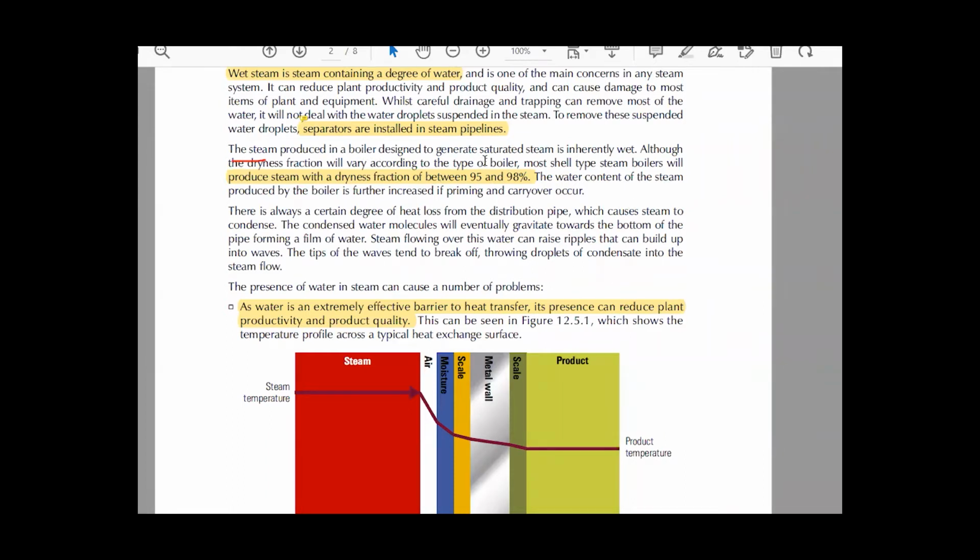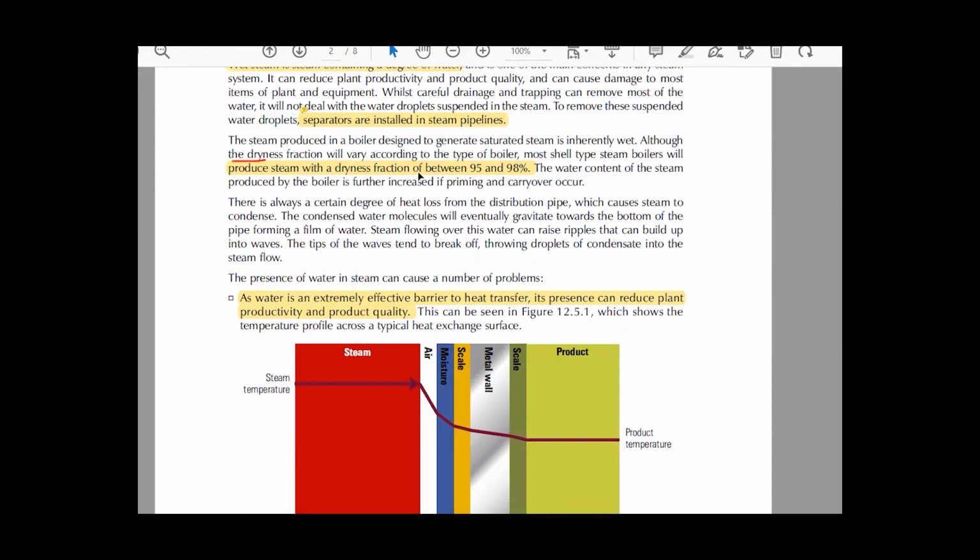Okay, the generated steam is inherently wet, and the dryness fraction will vary according to the type of boiler. There is always a certain degree of heat loss in distribution, which causes the steam to condense.